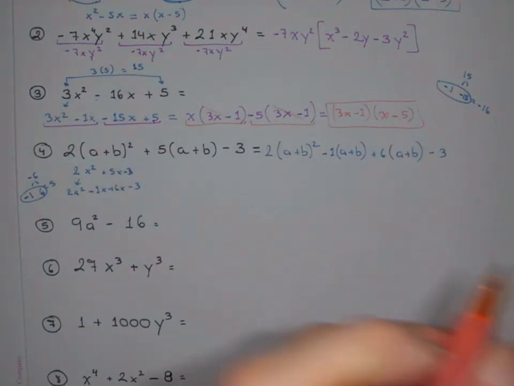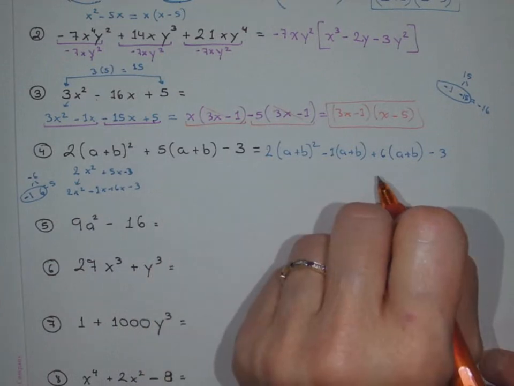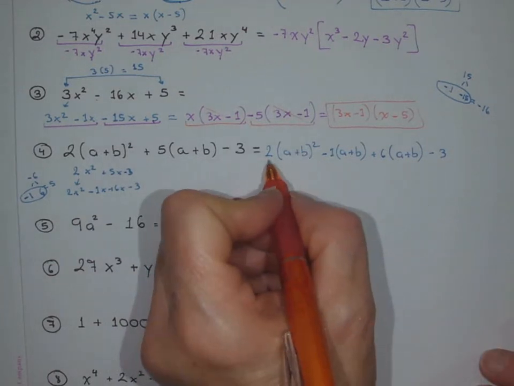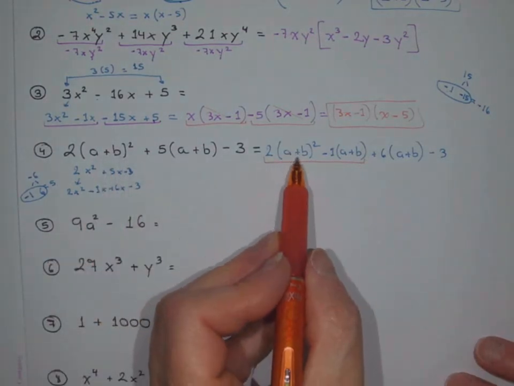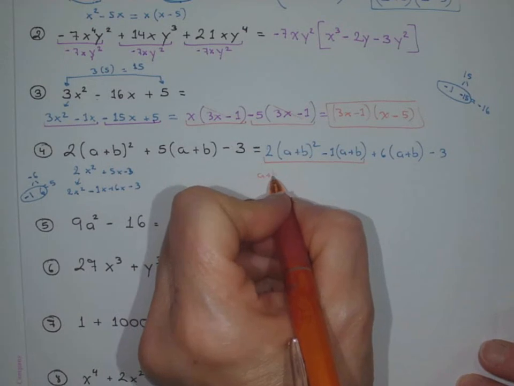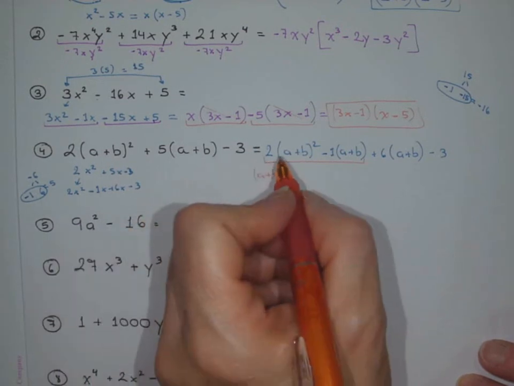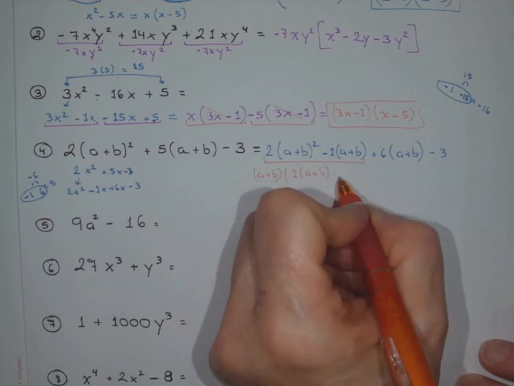Okay, what do those two have in common? Well, they both have at least an a plus b, so I'm going to take a plus b out. What's left over will be 2 times a plus b minus 1.